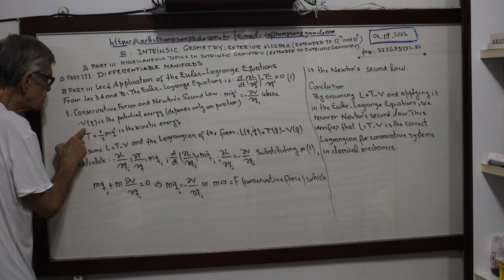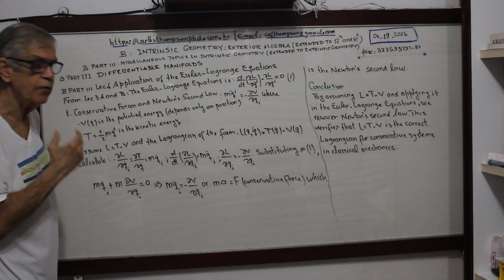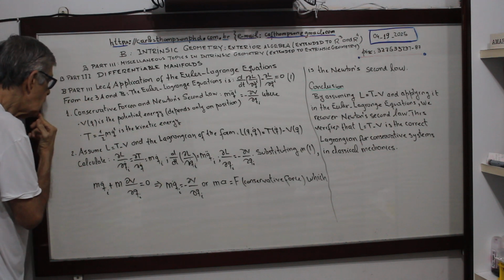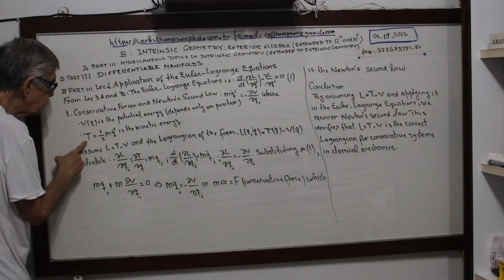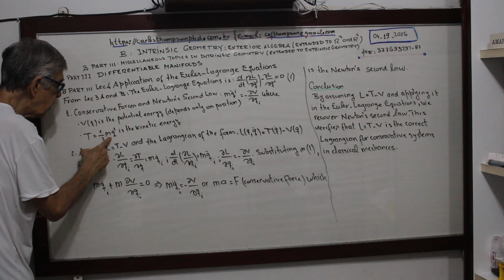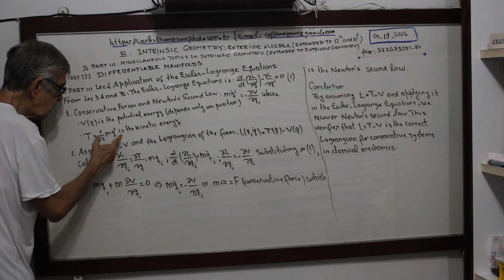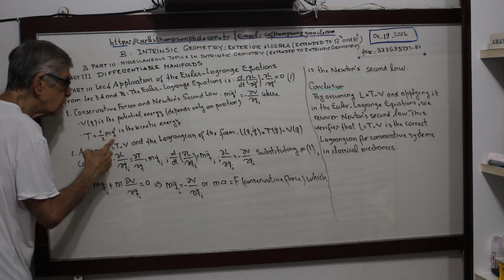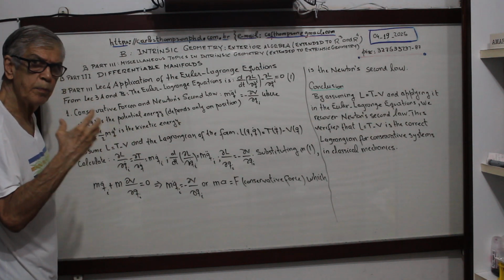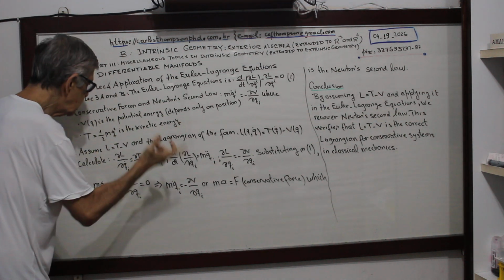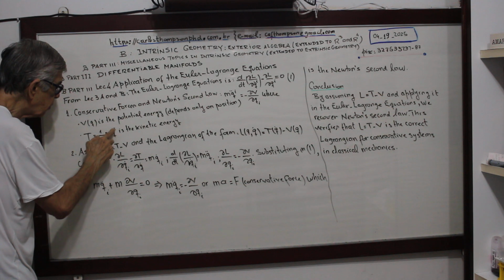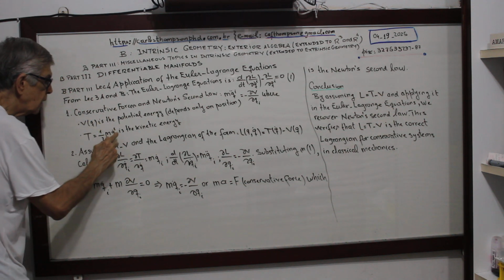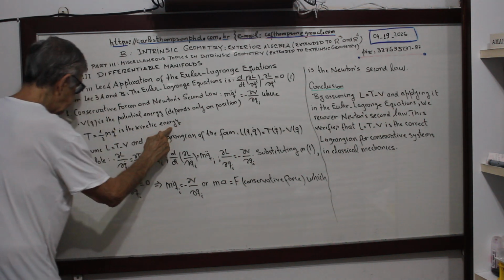Because this is related to the conservative force. Now, this is the kinetic energy, which is 1/2 m times Q point i squared, and I abbreviate this as Q point only. This is the kinetic energy.